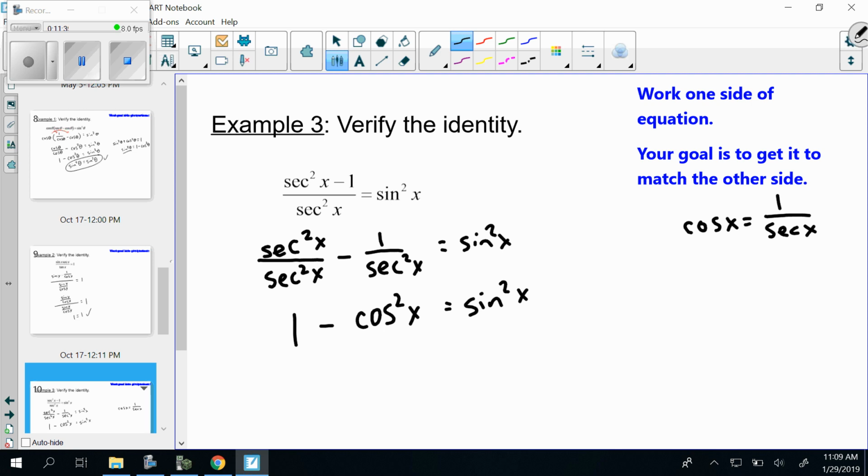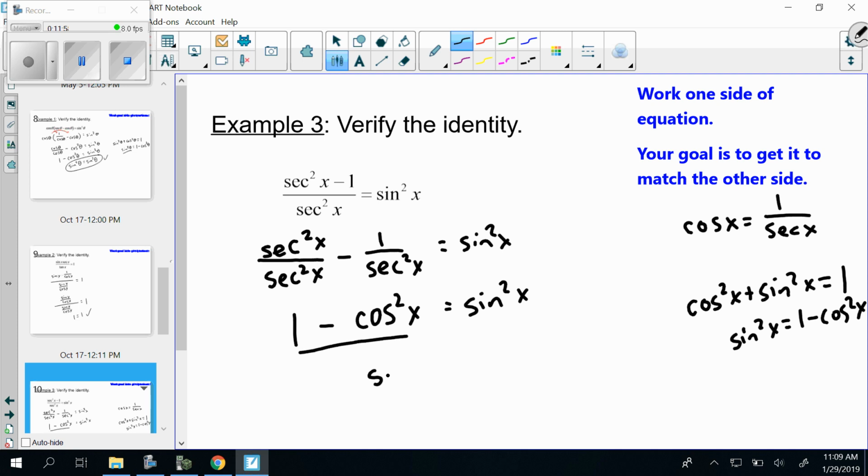Well, remember, anytime you're dealing with 1 and cosine, that looks again like our Pythagorean one. Cosine squared plus sine squared equals 1. So if we subtract cosine squared, what's sine squared going to be equal to? 1 minus cosine squared. And so we can replace all this with sine squared x. And now we've shown that both sides are equal to each other.